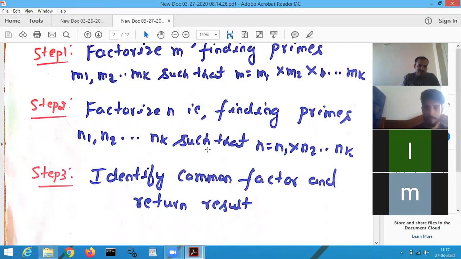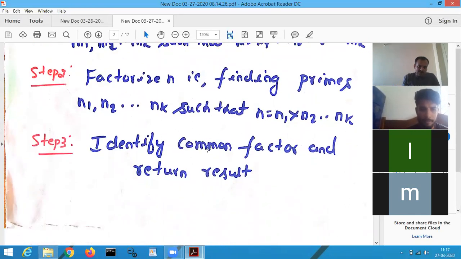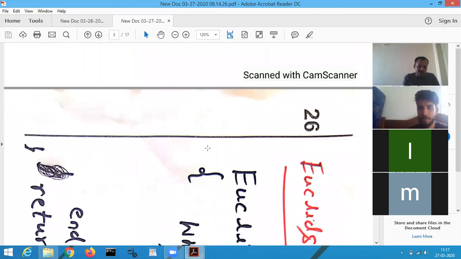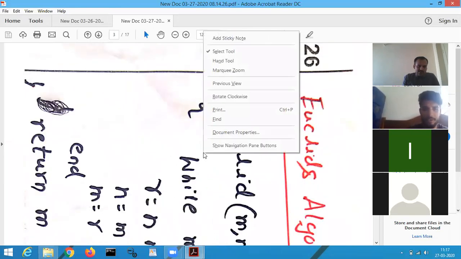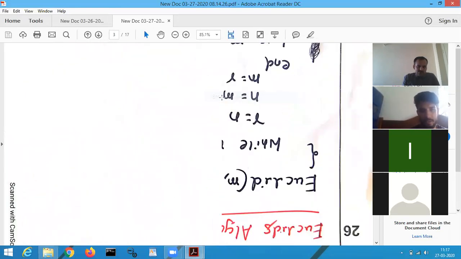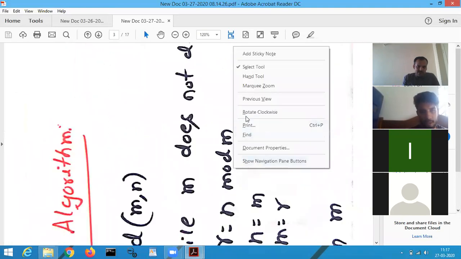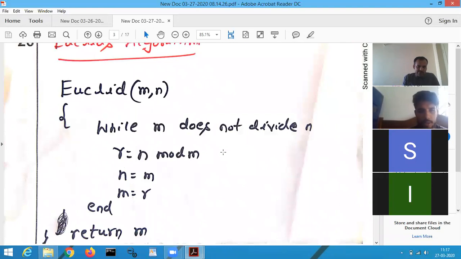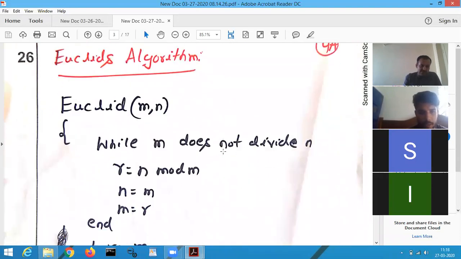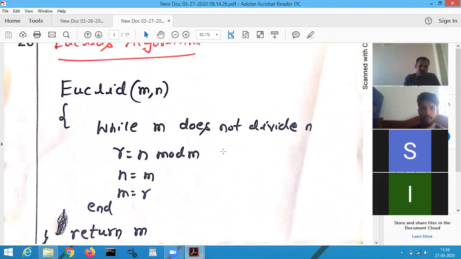Now let us move on to one more algorithm that is called the Euclid's algorithm. This is one of the famous algorithms. This was developed by a mathematician called Euclid, even though there were no computers.